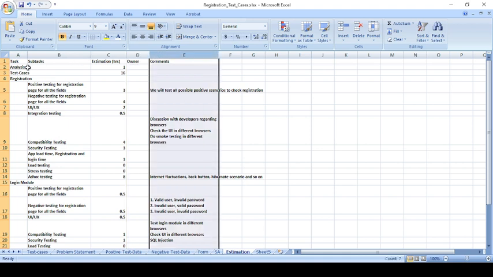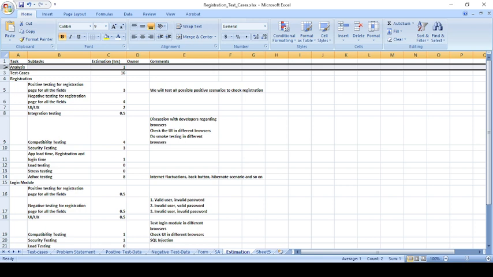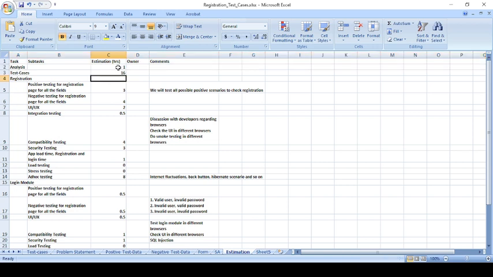The first thing, always include analysis in your estimation. Just gauge how much time it will require you to analyze this registration and login module. If you see the definition, it is quite simple, not so difficult. So here I have considered 1 hour for analysis of our registration and login module.